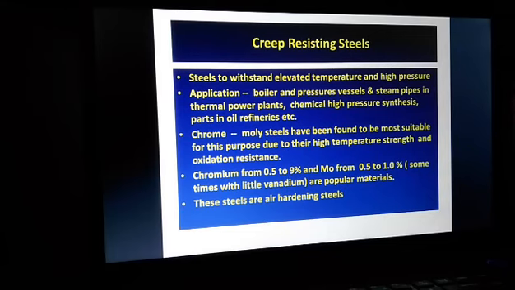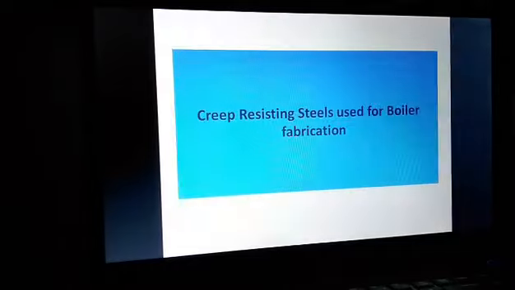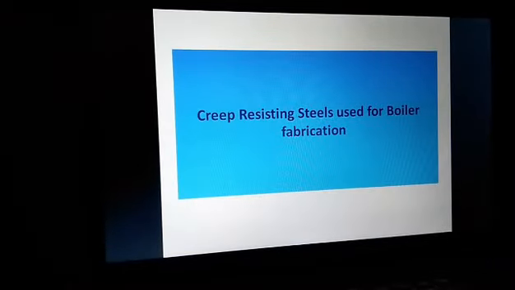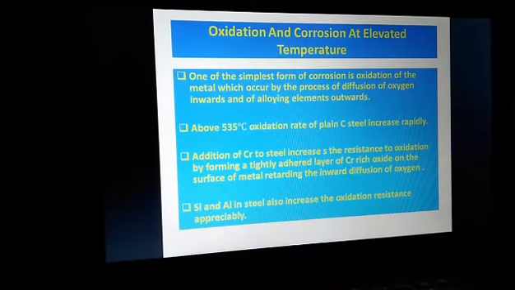Chromium from 0.5 to 9% and molybdenum from 0.5 to 1%, sometimes with a little vanadium, are popular materials. These steels are air hardening steels. Creep resistant steel is used for boiler fabrication.